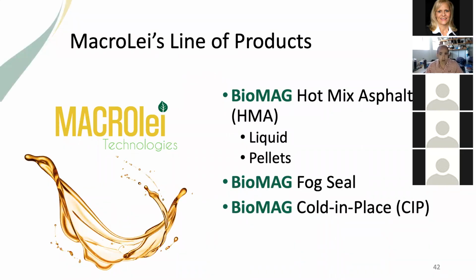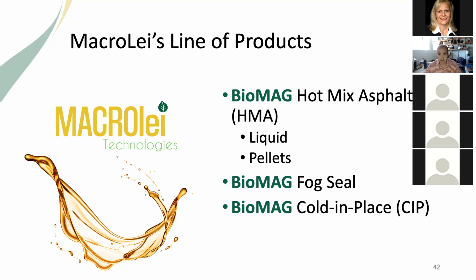So what Macrolay's line of products is aimed towards is both reducing the amount of energy and raw material that new pavement construction requires, as well as enabling both asphalt terminals and contractors to benefit from the flexibility of a polymer modification system that doesn't require high shear.